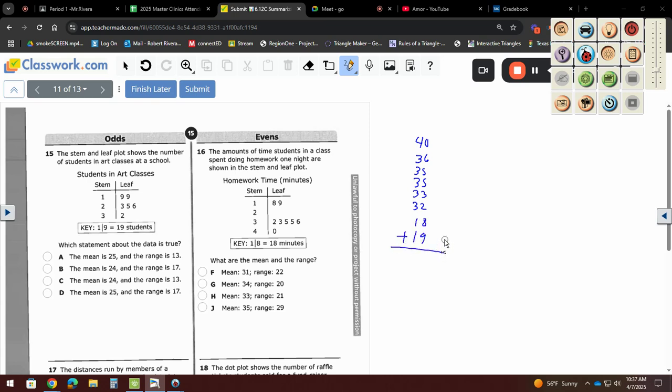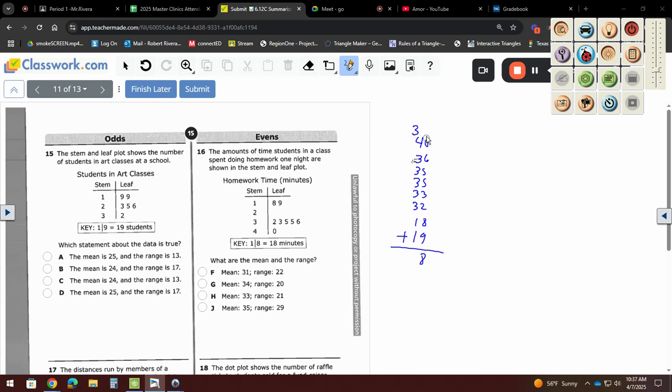You add them all up. So 9 and 8, 17. Plus the 3, 20. Plus the 2, 22. Plus the 10, 32. Plus the 6, 38. So you should have gotten 38 right there.